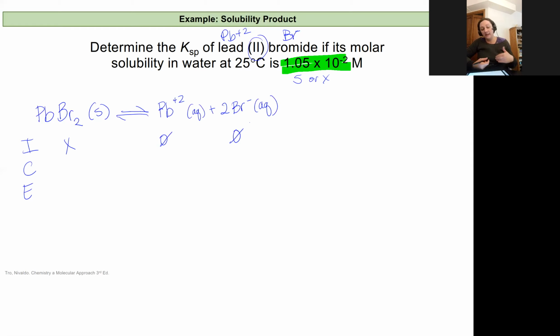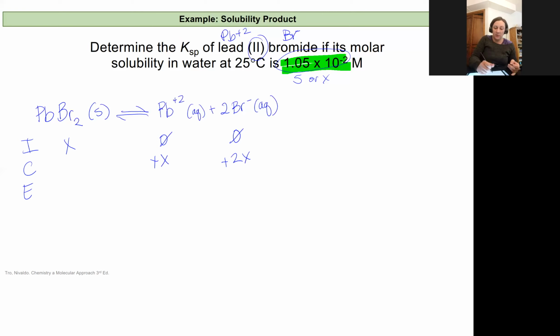Now, as the equilibrium is established, the change we would see is an increase in the amount of lead ions in the solution and an increase in the bromide ions. So it'll be a +X for lead +2 because there's a 1 coefficient in front of the lead, and +2X for bromide. Now this X is the 1.05 times 10 to the -2.